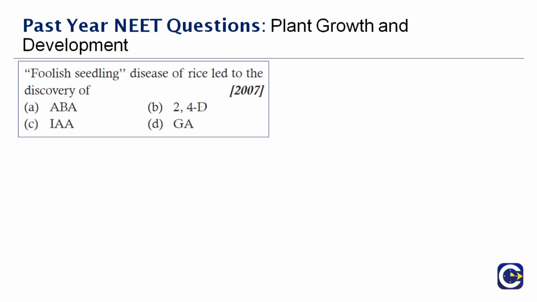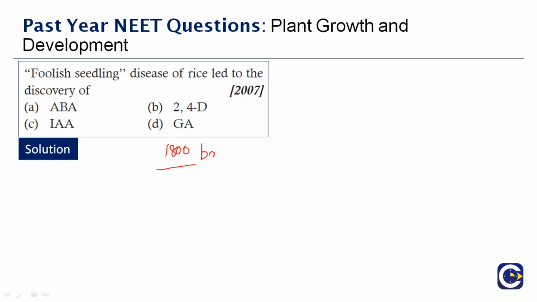Okay. Next question here. Foolish seedling disease of rice led to the discovery of dash. What is this foolish seedling? The effect of gibberellins had been known in Japan since the early 1800s, where certain rice plants were found to suffer from foolish seedling.